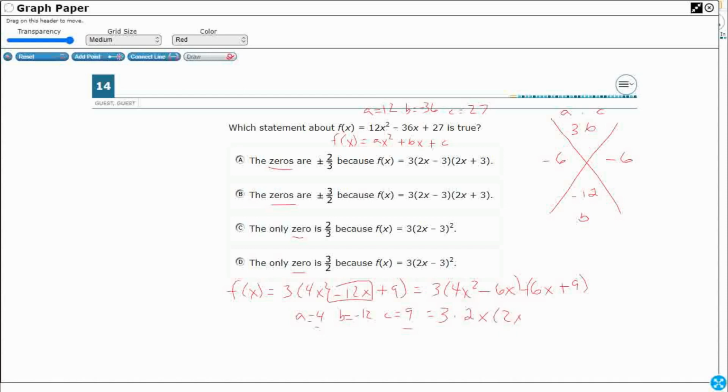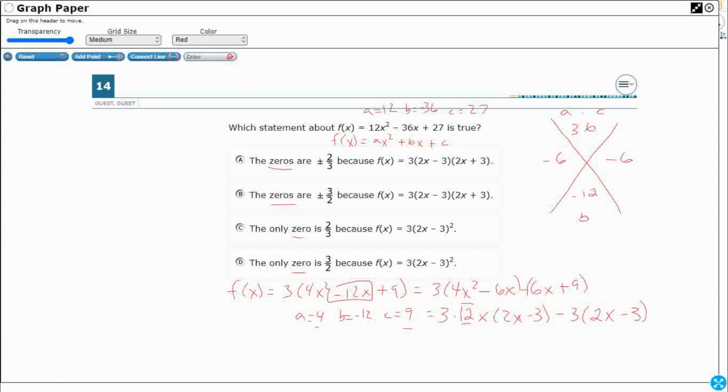If I take a 2x out of that negative 6x, that's just going to be minus 3, okay? And then what can I take out of this? I can only take a 3, so minus 3, and that's going to be a 2x.